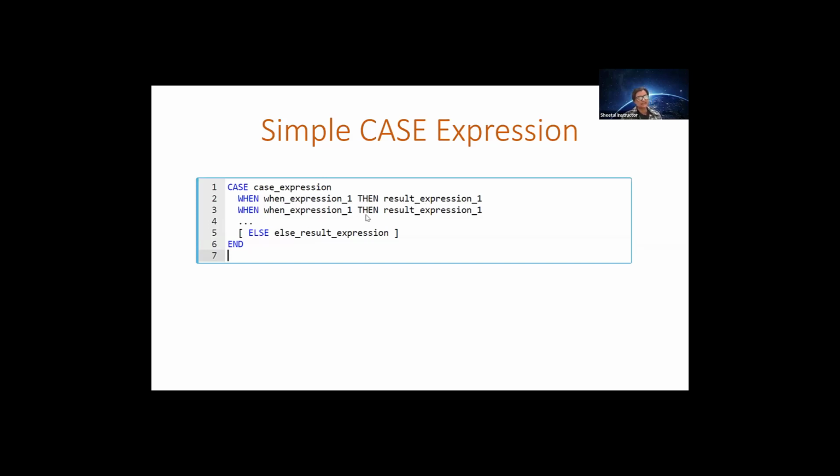You can give n number of expressions to compare: when this is the case, then do this; when this is the case, do this, and so on and so forth. And then you give ELSE, the end result for when everything else fails. Then you have to close your case expression with an END. So you begin with CASE and you end with END, and all your different cases or scenarios are between the CASE and END. Okay.